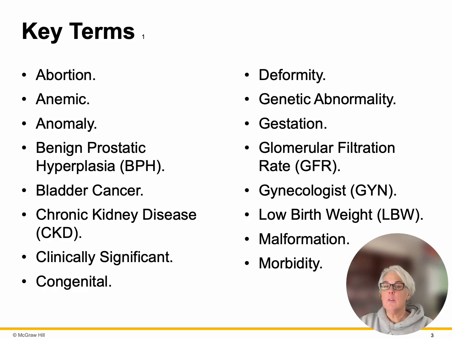Chronic kidney disease, or CKD, is a long-term loss of kidney function, and GFR, or glomerular filtration rate, is the lab value we use to stage CKD. Gynecologists and low birth weight are also terms you'll see frequently in OB and in newborn records. So keep these in mind as we go forward.